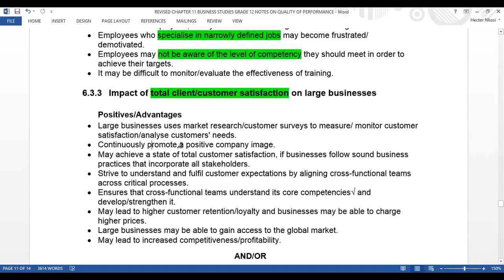Very, very important, because the better we look, the better our image is going to look. Like for instance, let's say you are under STEAM Digital School, doing the online learning. Even though we are an NPO, a non-profit organization, you guys don't pay any school fees.